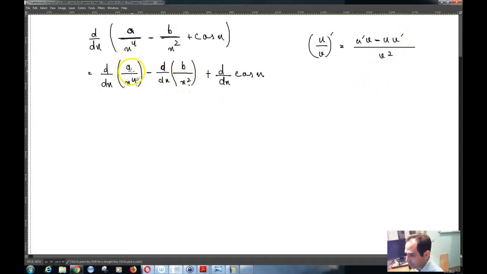Now since d by dx of a, which is u prime here, is equal to 0, you can forget about this part and just calculate the other part.